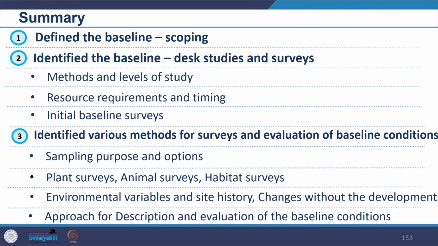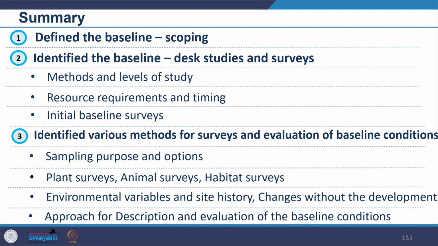So that was for this session. So summarizing what we really looked into, we looked into what kind of methods or what kind of considerations have to be undertaken when you're doing scoping. Then we looked into desktop studies and surveys, different levels, and what kind of tools are available to you.